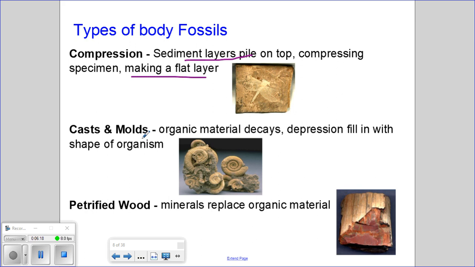With casts and molds, this is where the organic material has decayed, and that depression fills in the shape of the organism. So this is where the minerals have filled in those parts and get left behind. For plant materials, it's often in the form of petrified wood, where minerals replace that organic material.